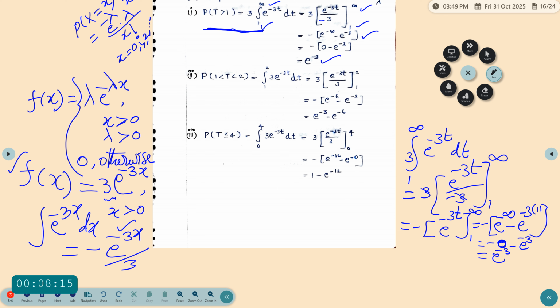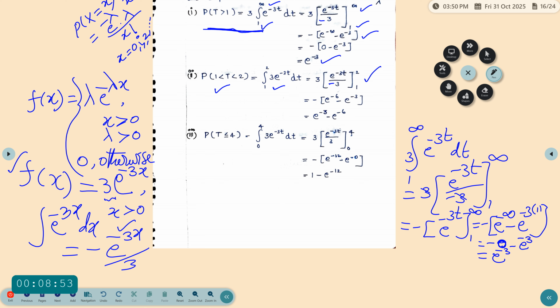Next we have to find the time between 1 and 2. We have to find the probability of 1 less than t less than 2, which equals the integral from 1 to 2 of 3 e power minus 3t dt. Here t is a continuous random variable. So we get 3 e power minus 3t divided by minus 3, with limits 1 to 2.